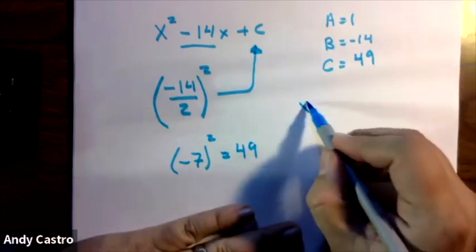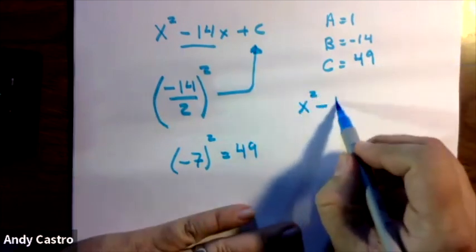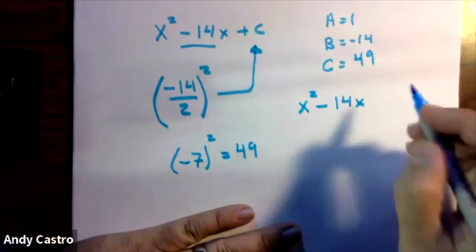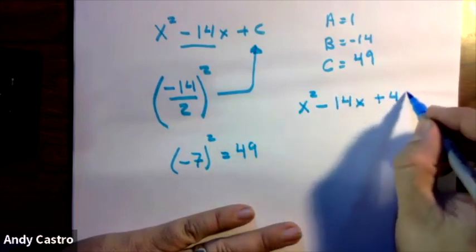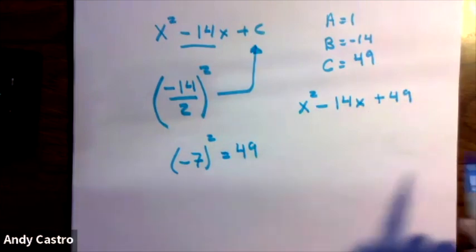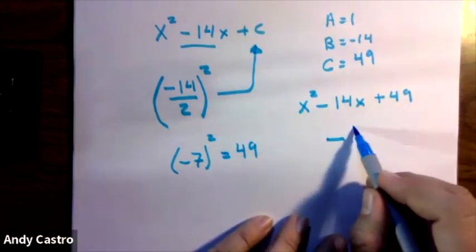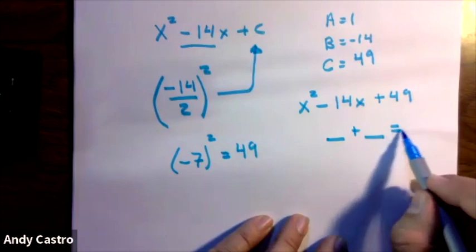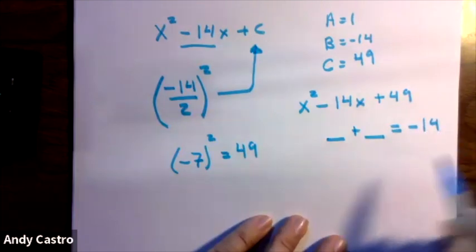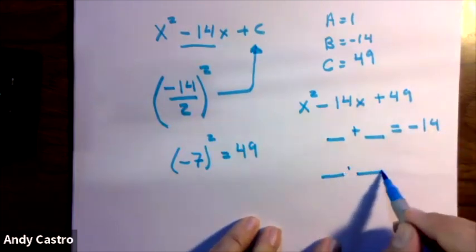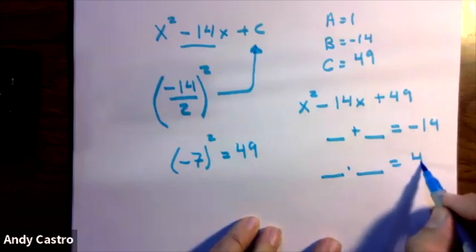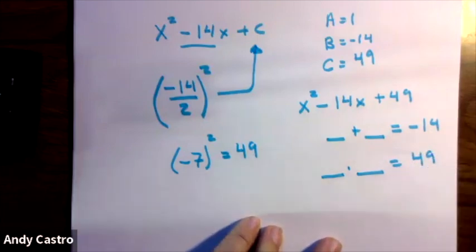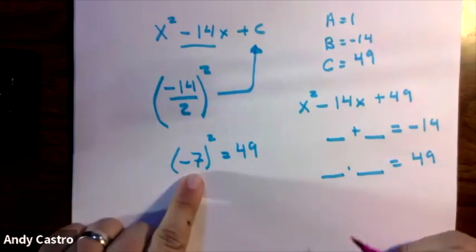Okay, so I now have x squared minus 14x plus 49. Well, let's check that. What two things add together to give me negative 14? Those same two things must multiply together to give me positive 49. And we already found it.